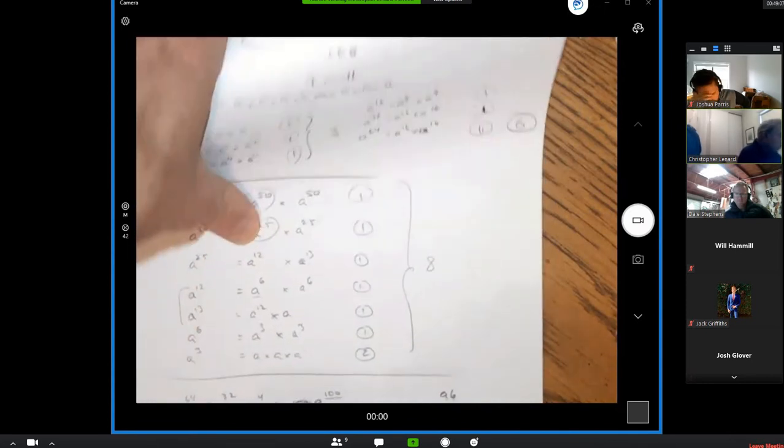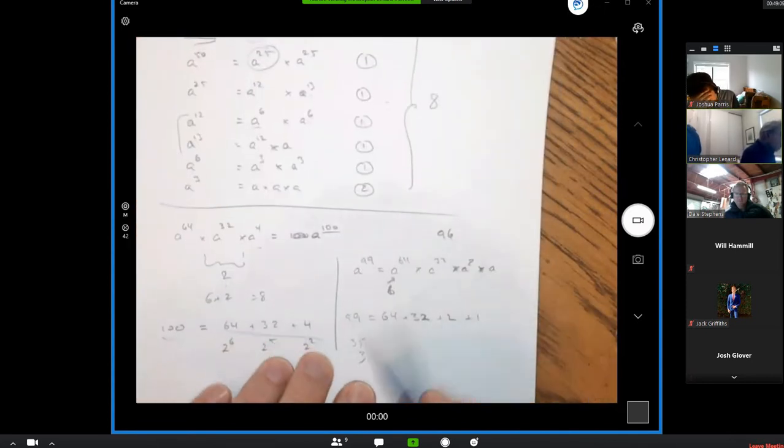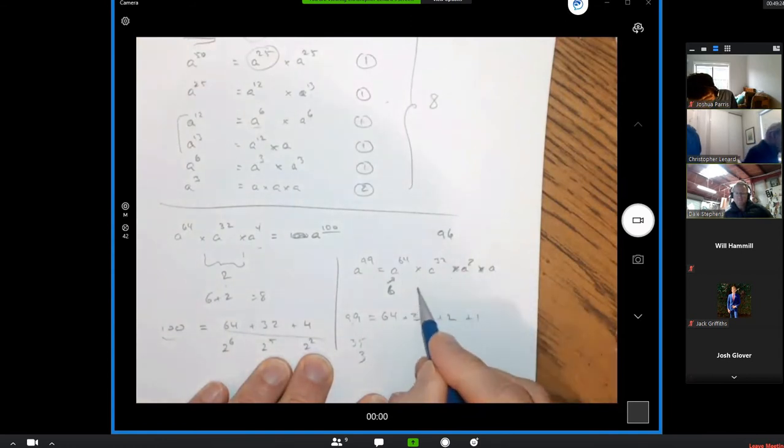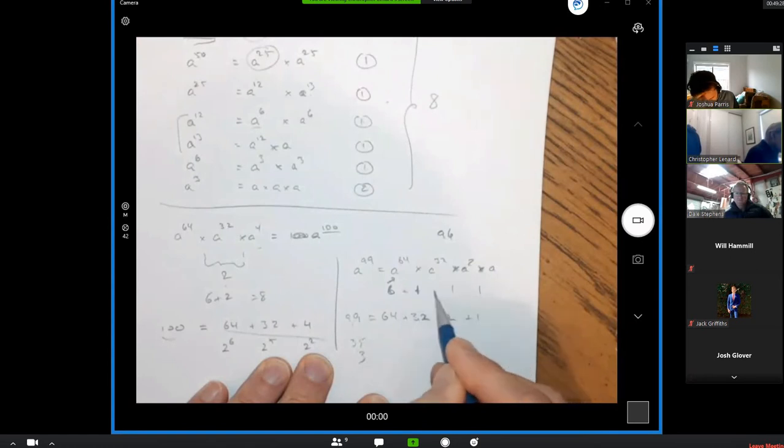Sorry, I didn't put that up there. Useful if I did it this way. So 6 multiplies to get a to the 64. But those 6 also gave me a to the 32 and a squared. So I've already got those for free by having calculated a to the 64. Then I just need another 1 there, another 1 there, and another 1 there.